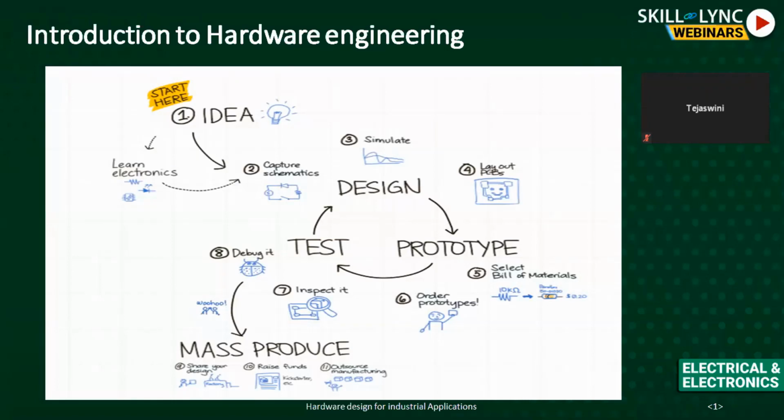Finally you do the layout and then come back to test it again. So this cycle repeats until your idea is in your hand, that is, your idea gets converted to a project. This project, whatever you have in your hand, is also called a proof of concept in industry. So this is a normal idea. This is a generic process that you follow for a project.